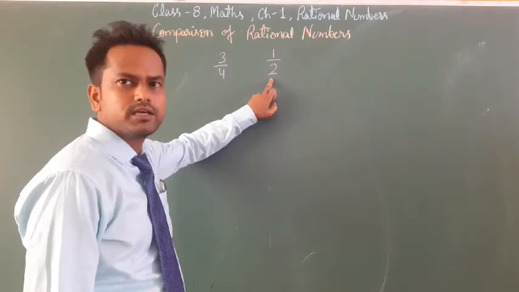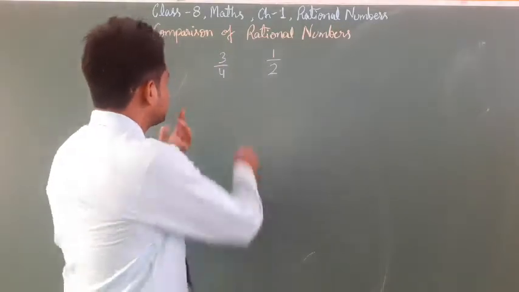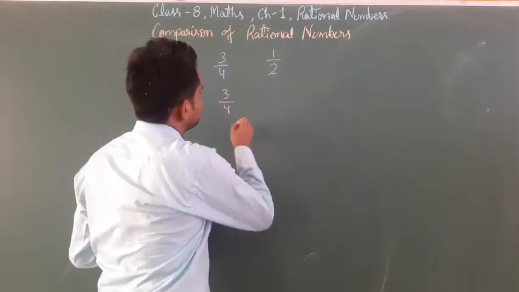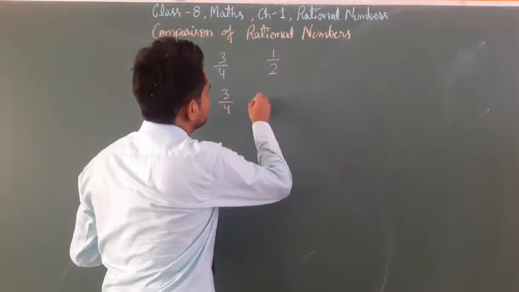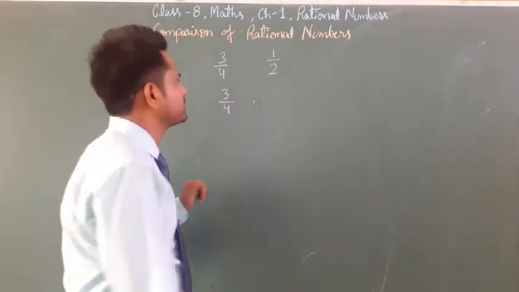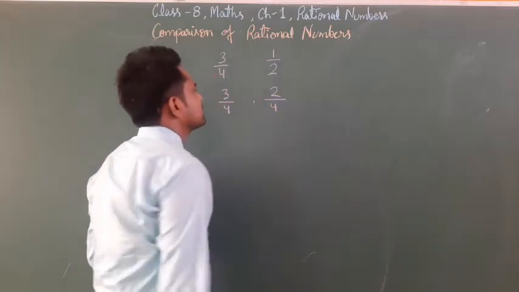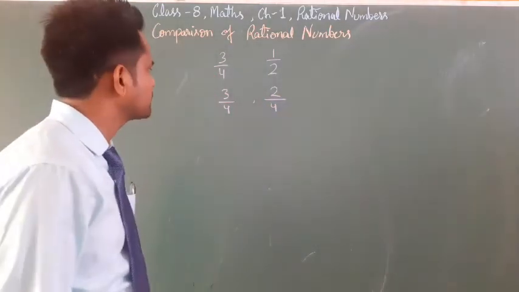So you have to make the denominators the same. So if we multiply both numerator and denominator of 1 by 2 by 2, we get 2 by 4. Got it?